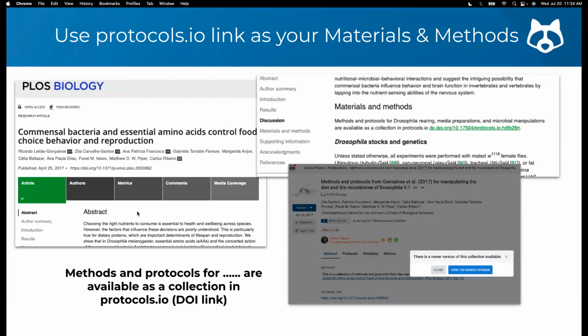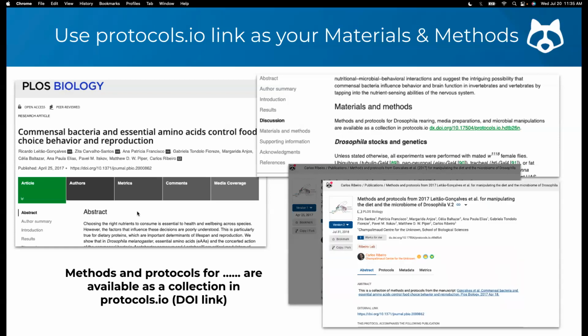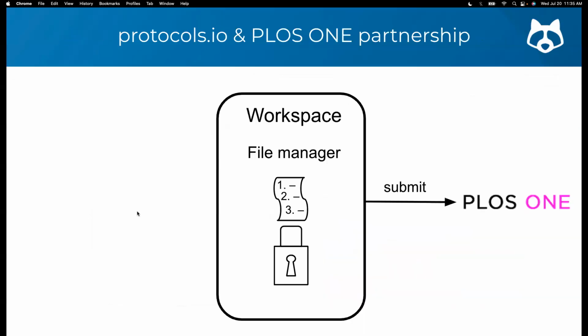Another neat feature of protocols.io is that because the protocols are versionable, the reader will have access to the originally published version as well as to the newer versions that the authors have optimized since publication. Protocols.io recently established a partnership with PLOS ONE, whereby you can submit directly from our platform a novel protocol for peer review and eventual publication.